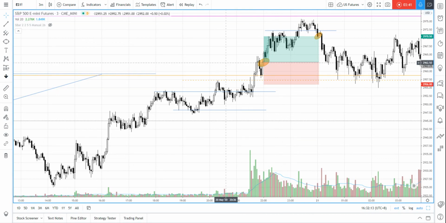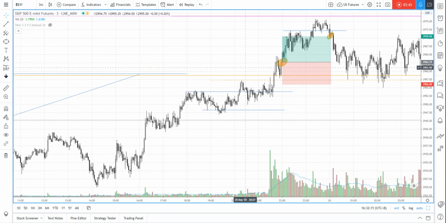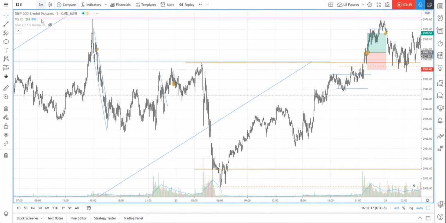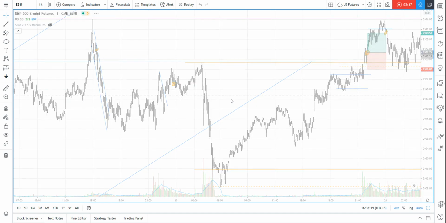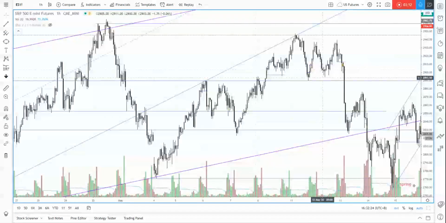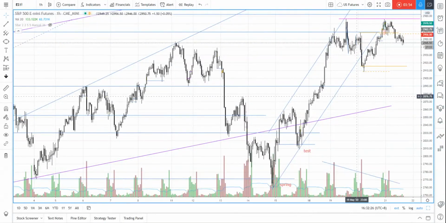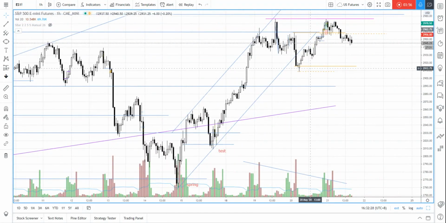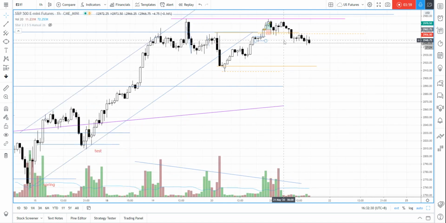What's happening here? Before I do that, let me zoom out a bit, because this is the level markup just prior to the session. Usually what I do is mark up the previous day high, day low, and also the non-RTH high and low.